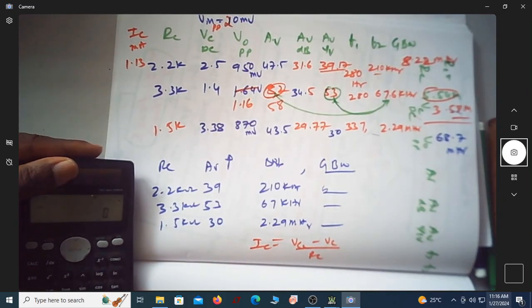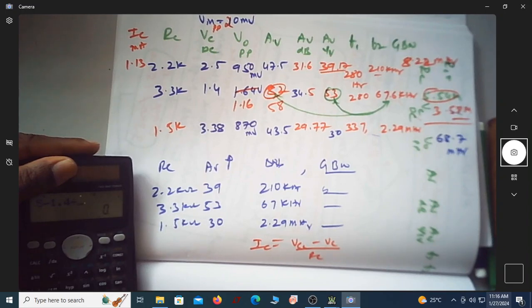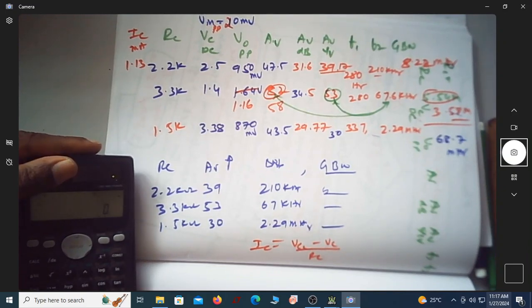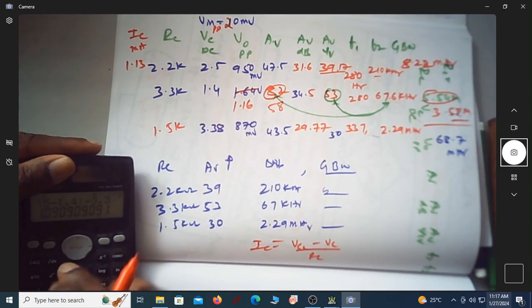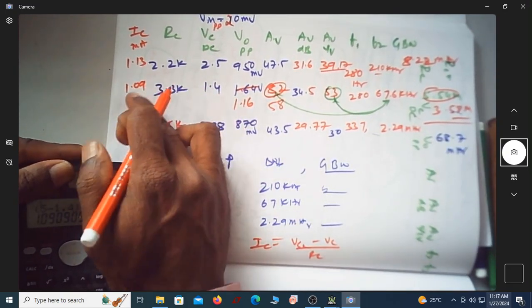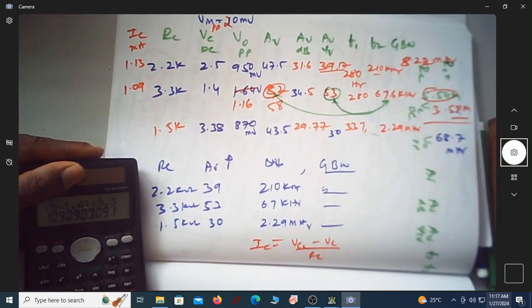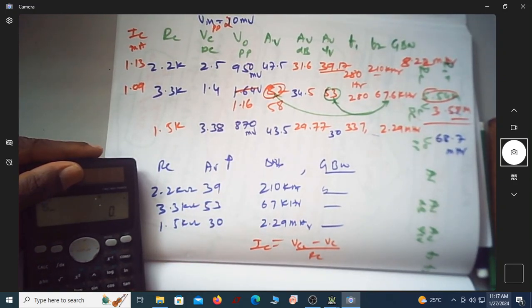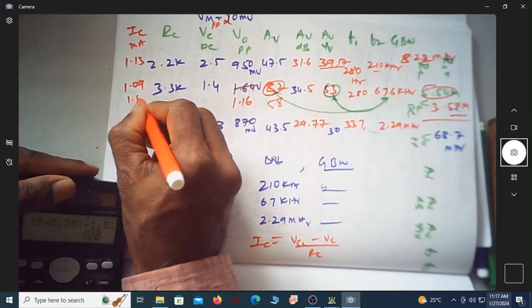For the second one it is 5 minus 1.4 divided by 3.3K. You can see it's almost 1.09 milliampere. So current is almost remaining constant. Let me check for this. It is 5 minus 3.38 divided by 1.5K. Can you see it is 1.08?